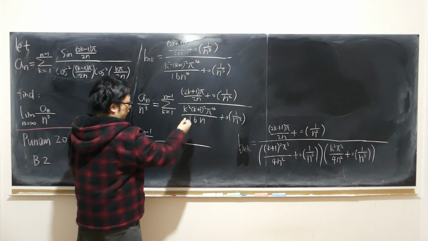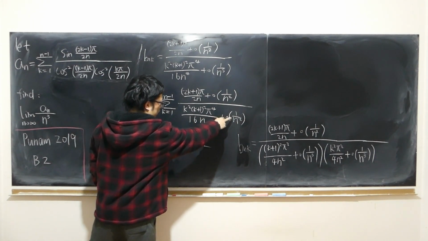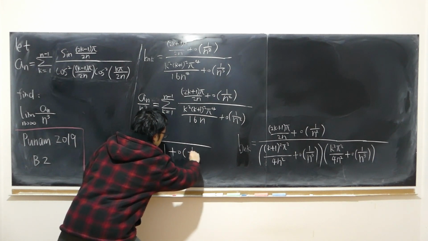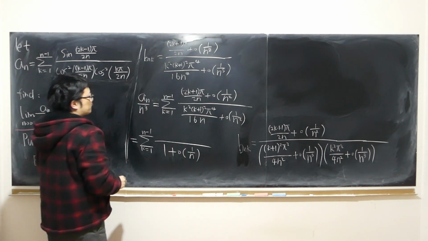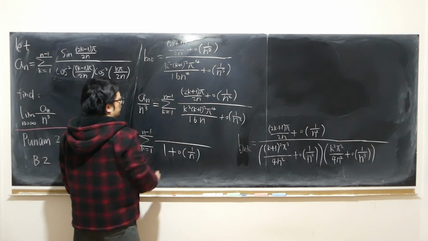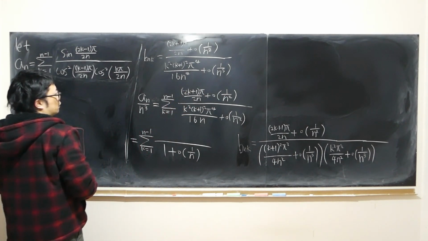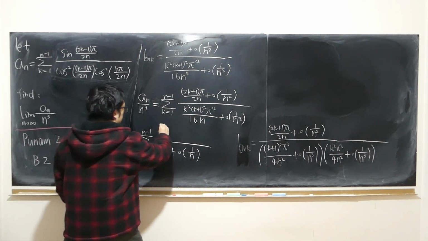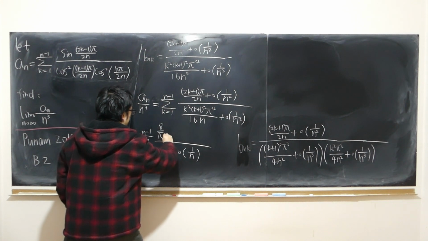The reciprocal is n times this little o of 1 over n. Disregard all the constants. Likewise, this term multiplied by the reciprocal of this term, you have 8 over pi cubed.